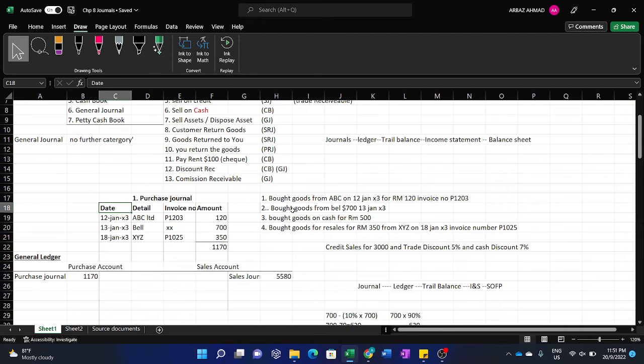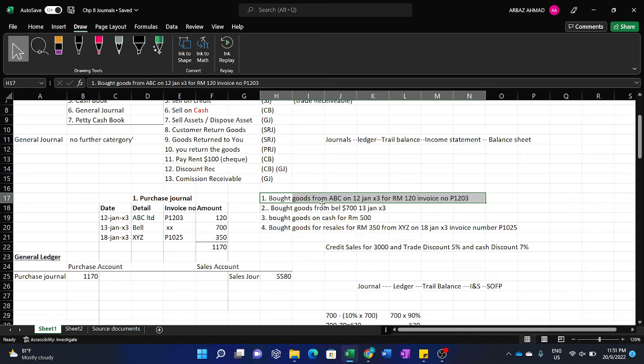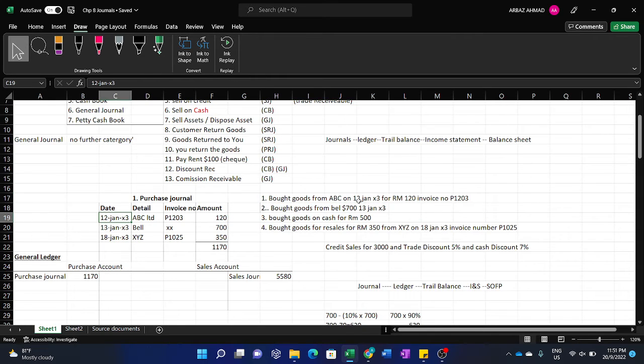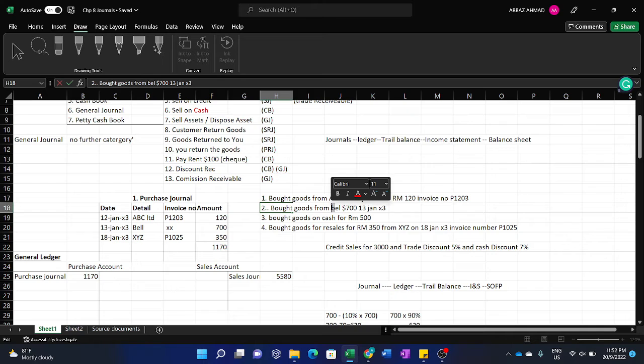Okay, so if you have this statement, you buy the goods from ABC on 12 January 2003, $420, and the invoice number is P1203, then you should record the date 12 January 2003. The supplier, this is the supplier, so ABC Limited. This is the invoice number, and this is how much you bought it for. And you bought the goods from Bell. Okay, this one should be capital.